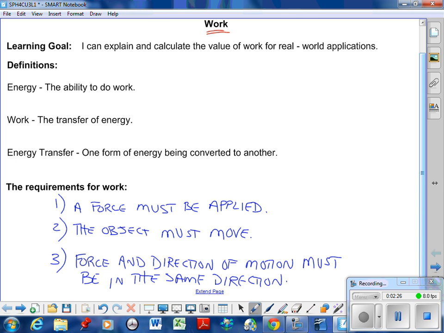All right, so that force that's being applied has to occur. So you have to have a force applied. You must be pushing or pulling on something. The object must move. So a lawnmower, if you're pushing on it, the object must move. The only work, though, that you're really doing is the work that is in the direction of force and of movement. So those are your three requirements.